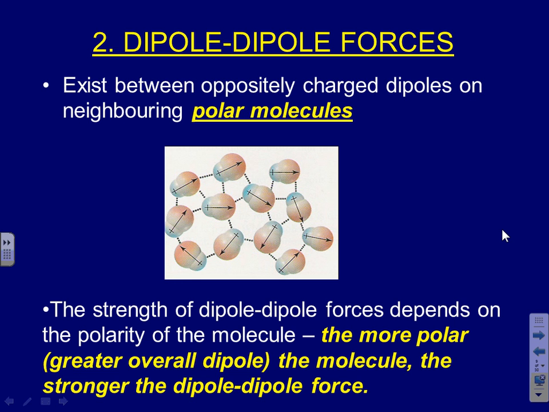Let's now talk about dipole-dipole interactions, and that's between two polar molecules. You do not need to draw this picture, but this represents a bunch of HCl's. You can see there the arrow pointing where the electrons go, and so you can see there's little dots that are linking the arrowhead to the positive tail, indicating there's some kind of force between those little dipoles.